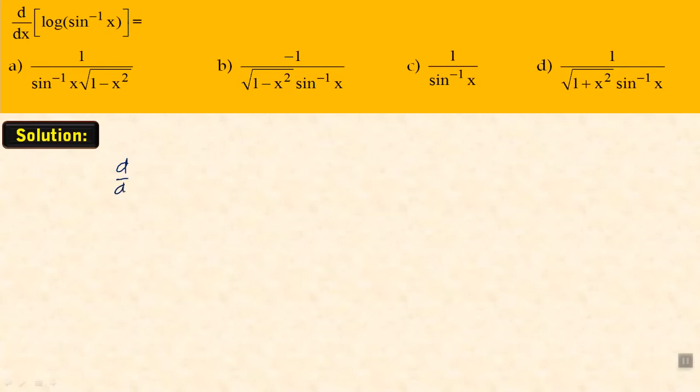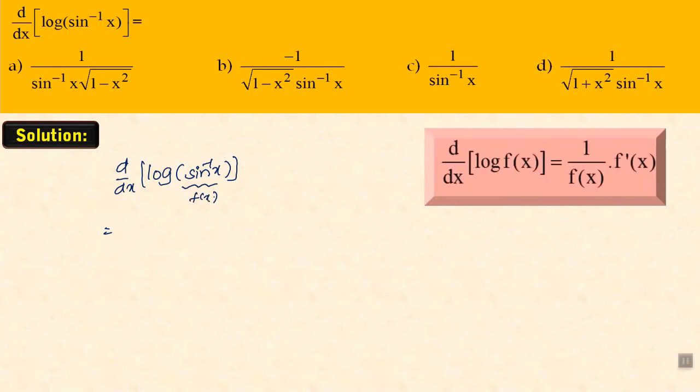D by dx of log of sine inverse x is equals to. Here consider sine inverse x as f of x. D by dx of log f of x is equals to 1 by f of x, that is sine inverse x, into f dash of x, that is d by dx of sine inverse x.